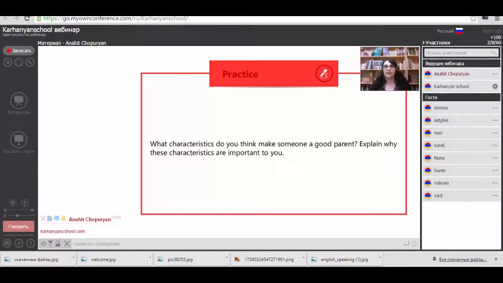So you must think of adjectives like understanding, helpful, yes. Some characteristics that are general to all the parents, yes. So a good parent must be understanding and helpful, must be patient as well, yes. And then you explain why these characteristics are important. They are important because, yes, and then you give your own ideas.